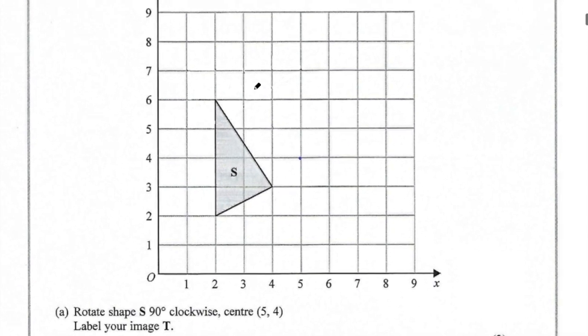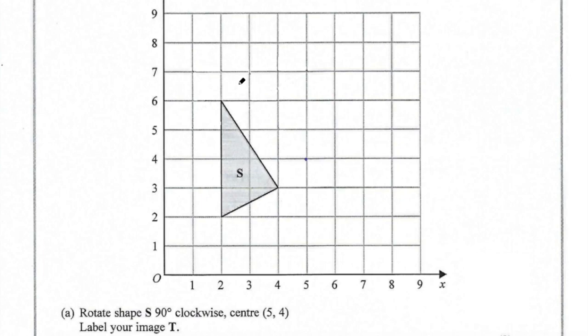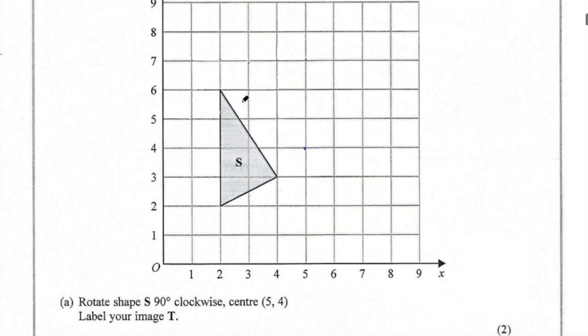Now you might remember in year 7 or year 8 you do this with tracing paper, and of course you can do it without tracing paper. One way that I find easy is just to look at one point on the shape and think of this point as 2 lengths from the center.